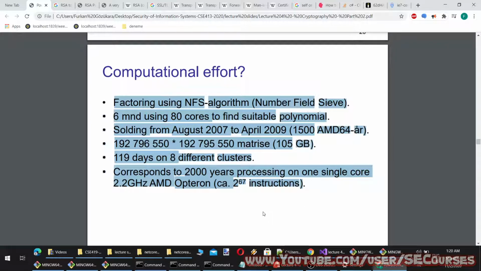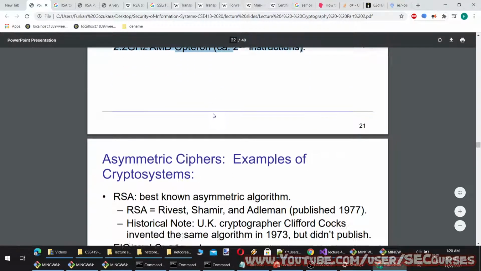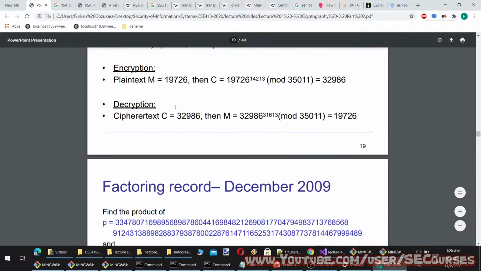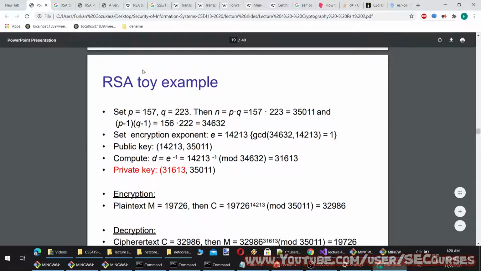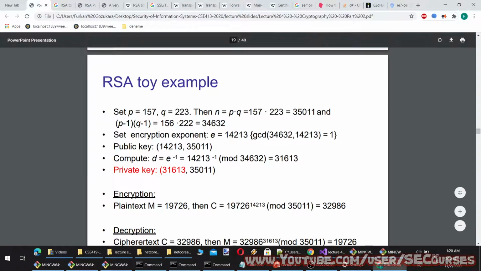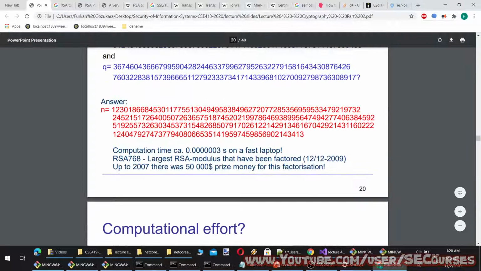Corresponds to 2000 years of processing on one single core, 2.2 GHz AMD Opteron. So the NFS algorithm is not very dependable, and I think it is decrypted, or maybe two big numbers are used.